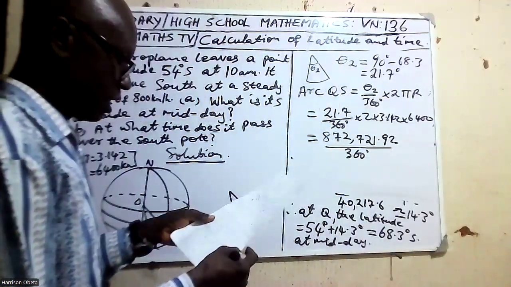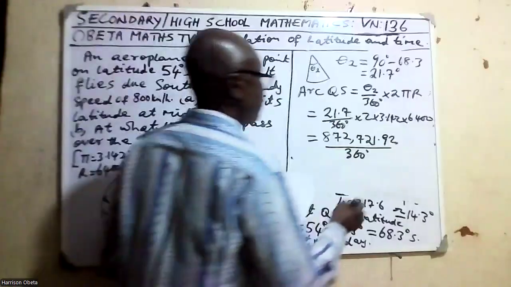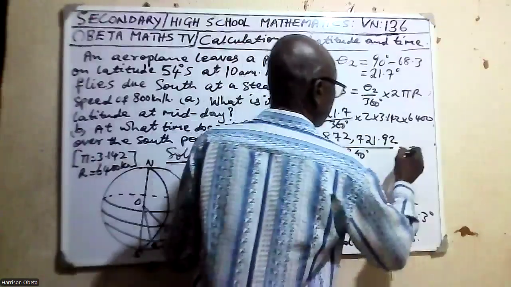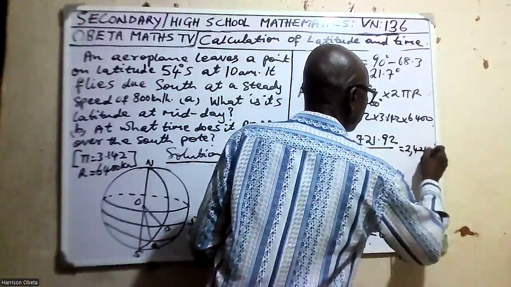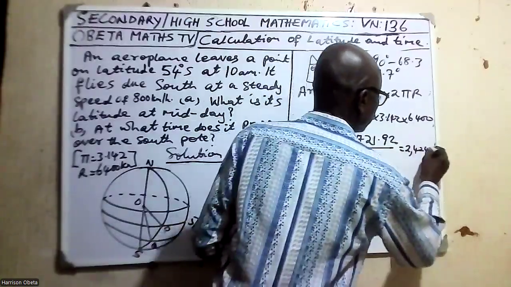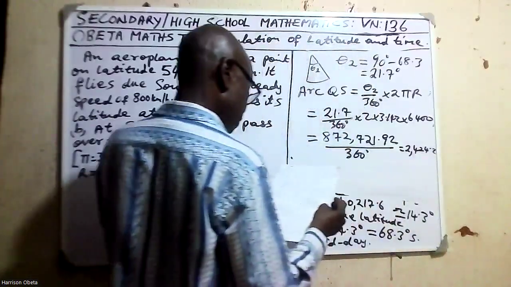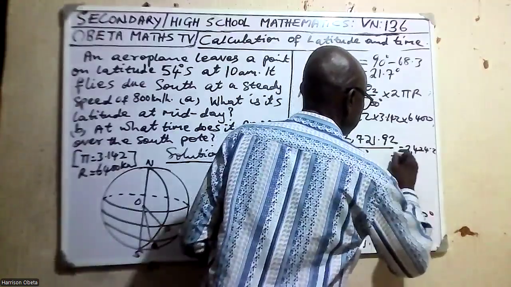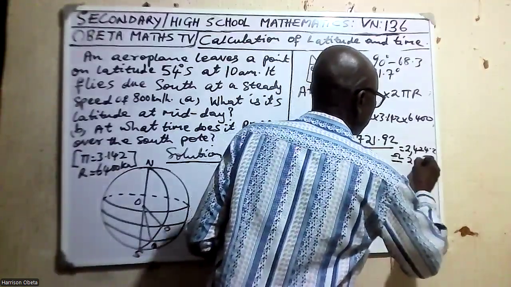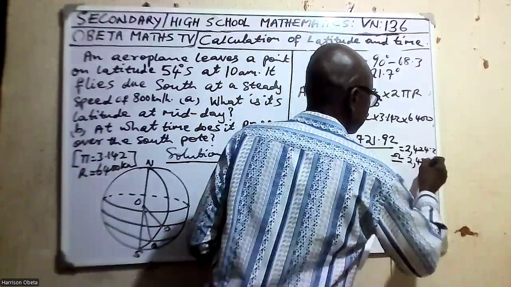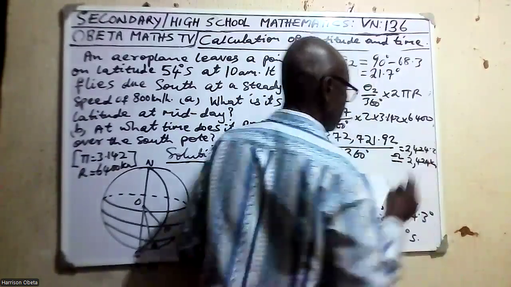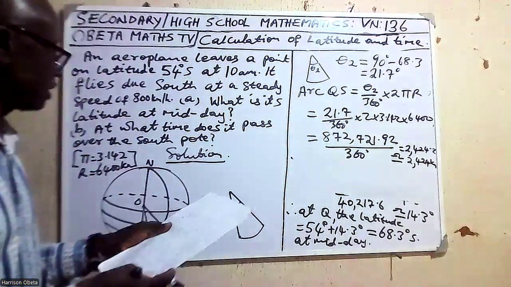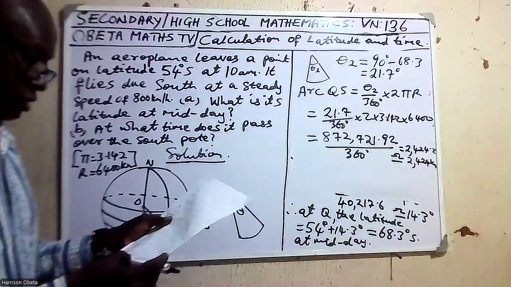So if you carry out the division, we're going to have 2424.2, which is approximately 2,424 kilometers. Now, this is the distance between Q and S.